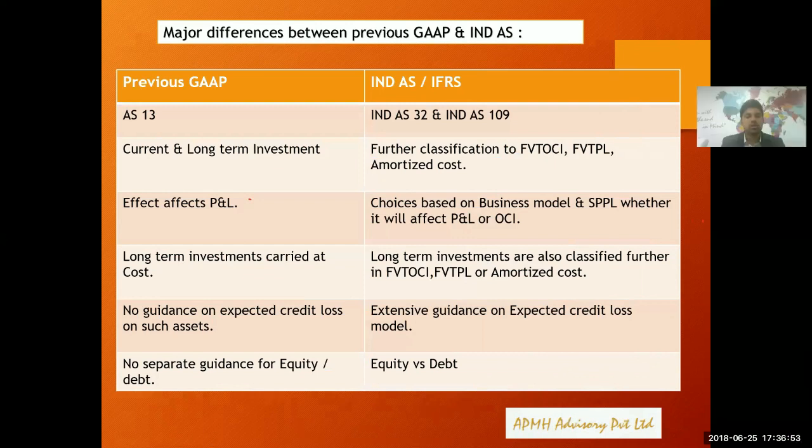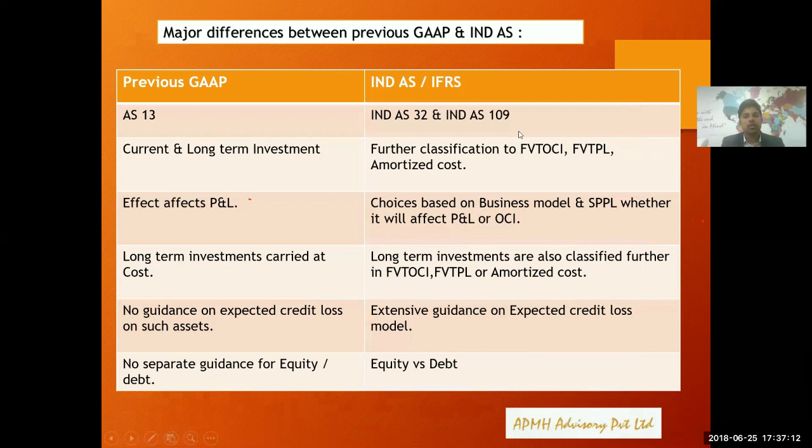You can say it was saying that you have to value it at cost. Of course, in case of permanent diminution, you have to value it at the market rate. But generally, cost was followed in 80-90% of the items of investment. So it was always cost based and never fair value based.